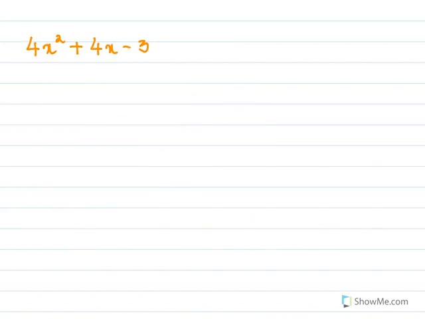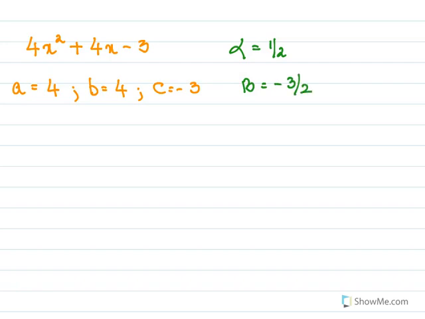Here now we got to verify the relationships. So here we have the quadratic. We know coefficient of x square is 4, coefficient of x, and here we have c is minus 3. And the zeros are given to us as alpha 1 by 2 and beta is minus 3 by 2. So let's check up on the first relationship, that is alpha plus beta, and see what is minus b by a.